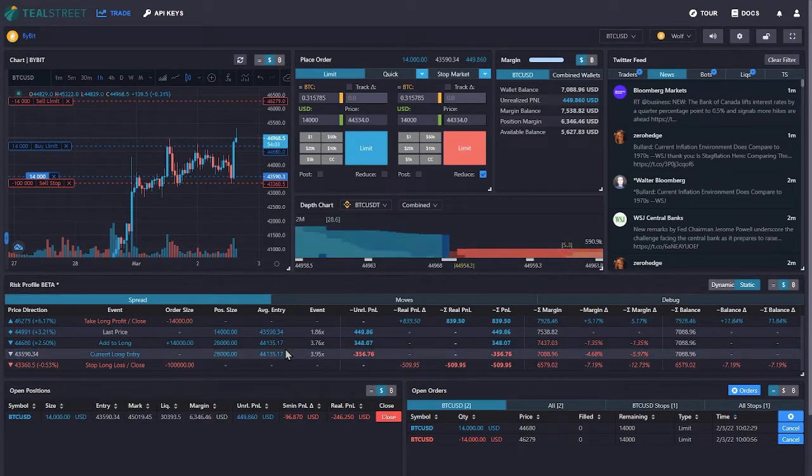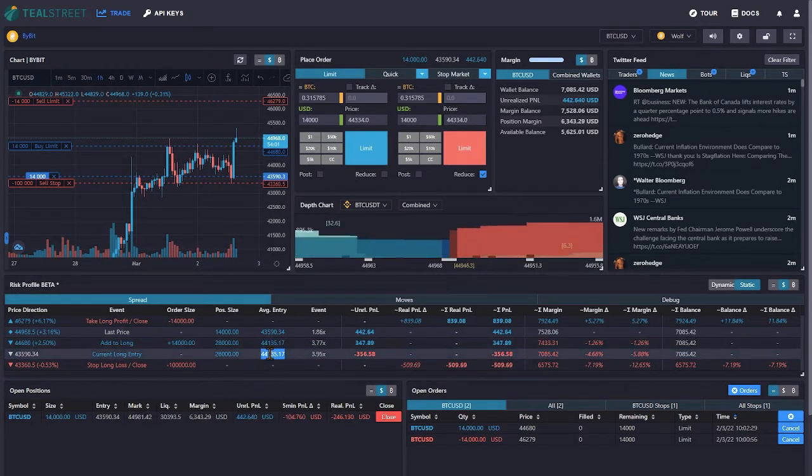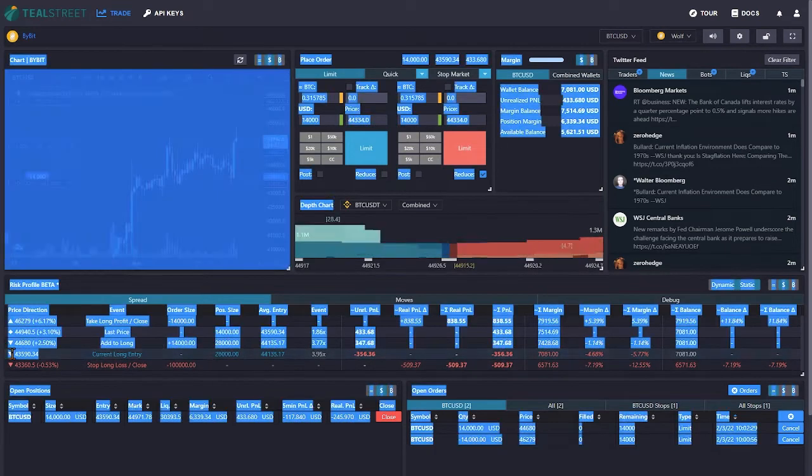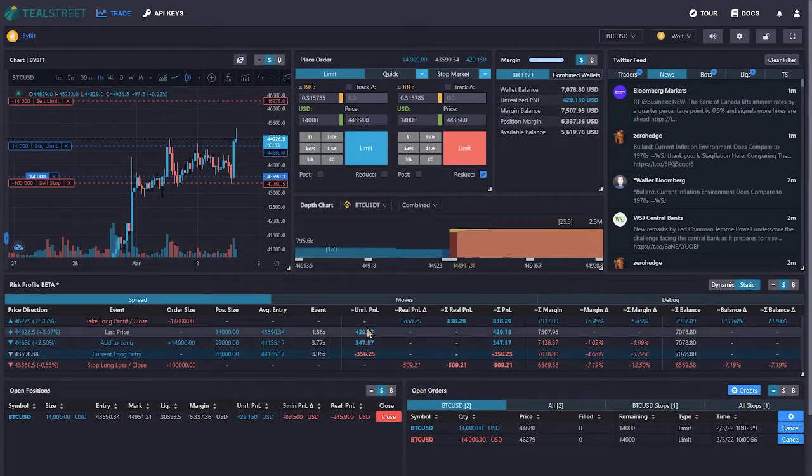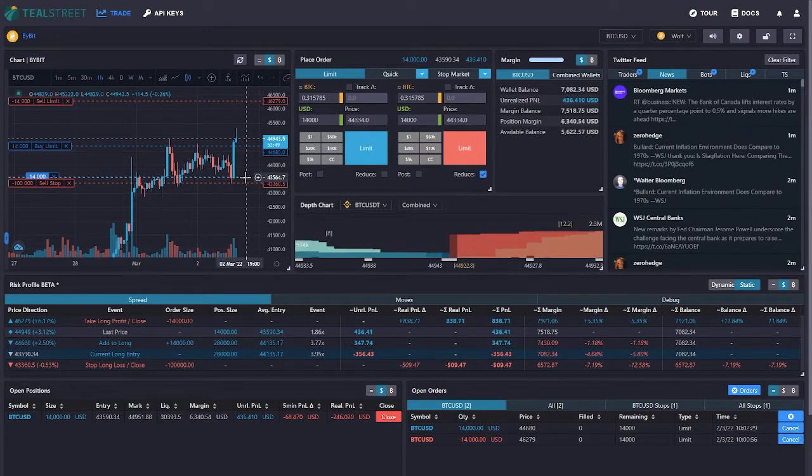While it knows that it will be updated if this order hits the 44,135 entry, for now it is still at this 43,590. So basically, it's a good way of understanding that adding to this position will now make this entry an actual underwater point.